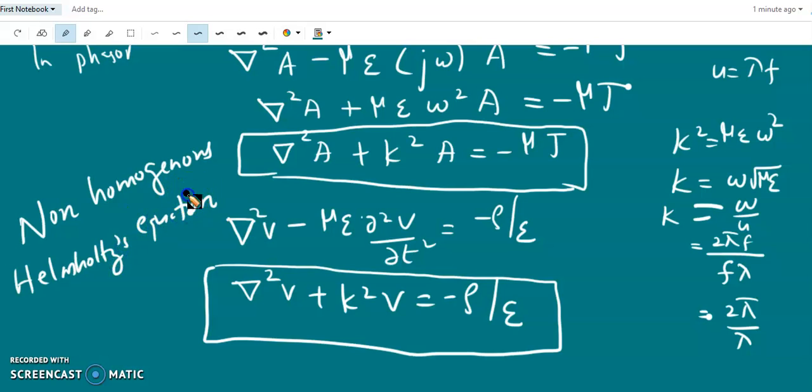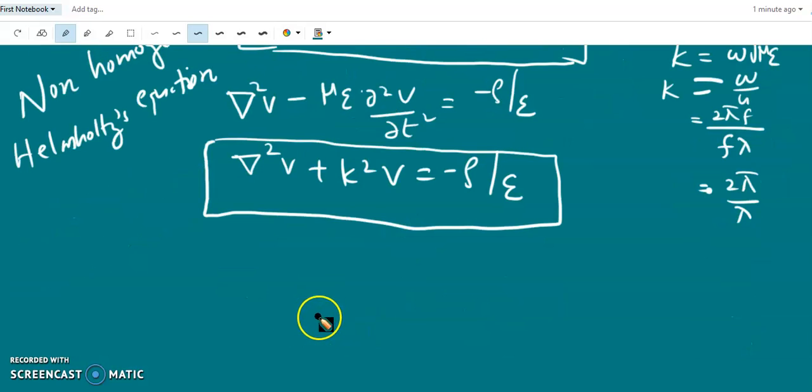So in the time harmonic case, the non-homogeneous wave equations for the scalar and the vector potential reduce to the non-homogeneous Helmholtz equations. So here K is the wave number.